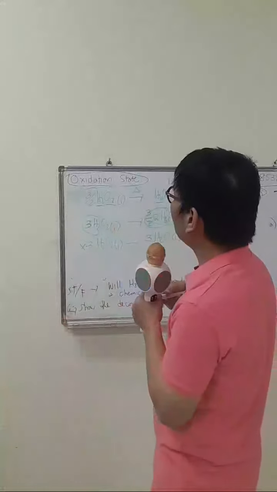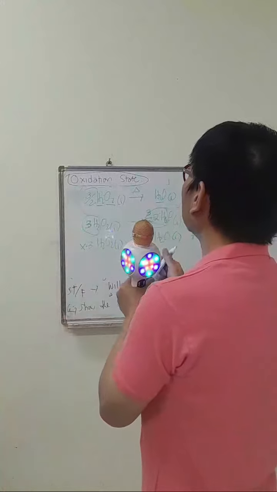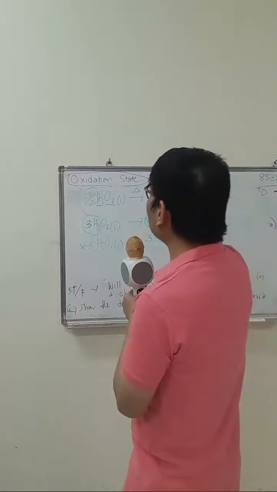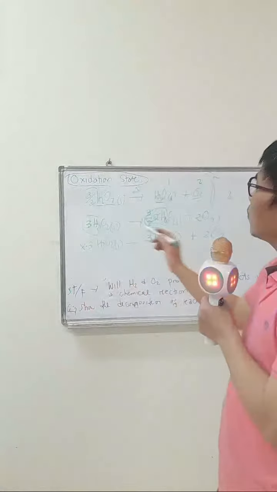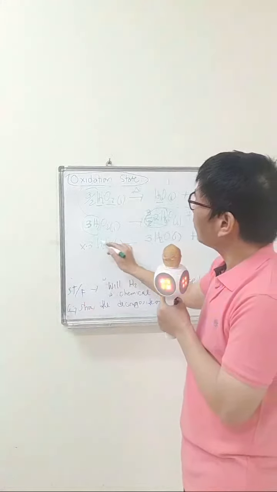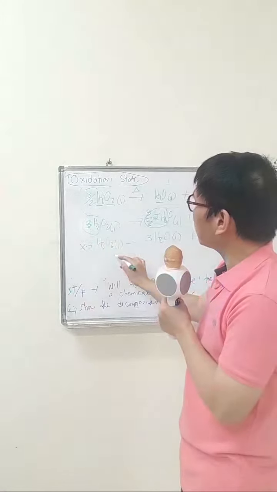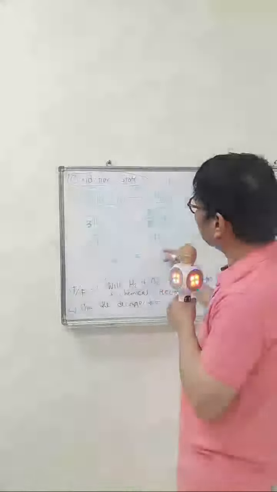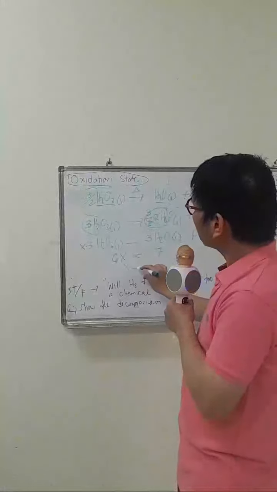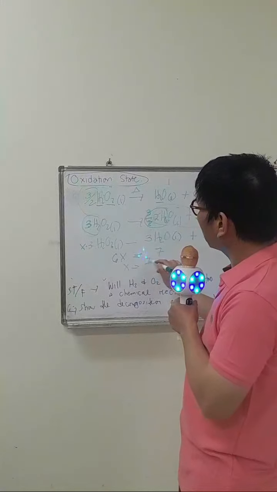We have 2 times 3 for oxygen, 2 times 3 times x, this is 6x, equal to 7 on the left. So this will become 7 over 6.